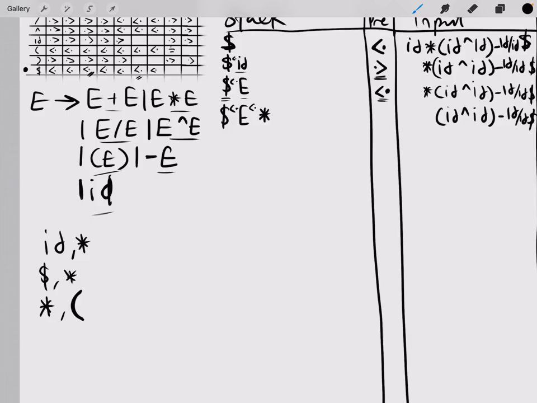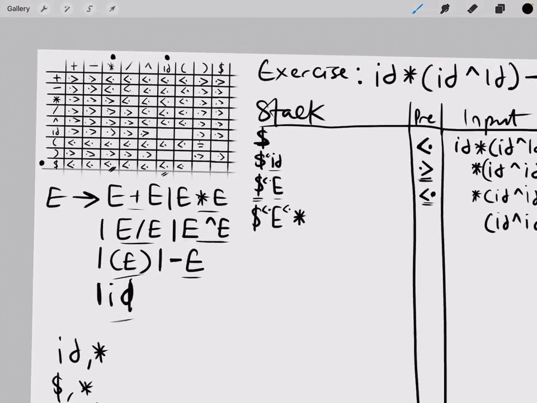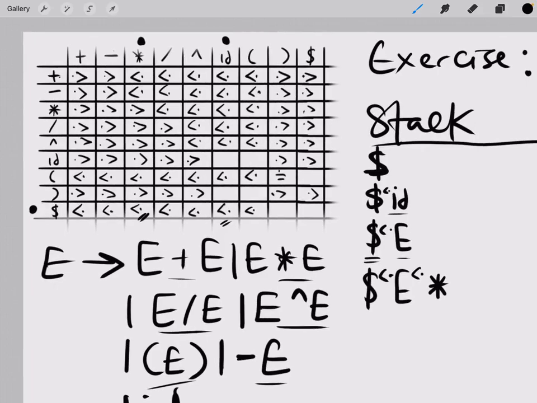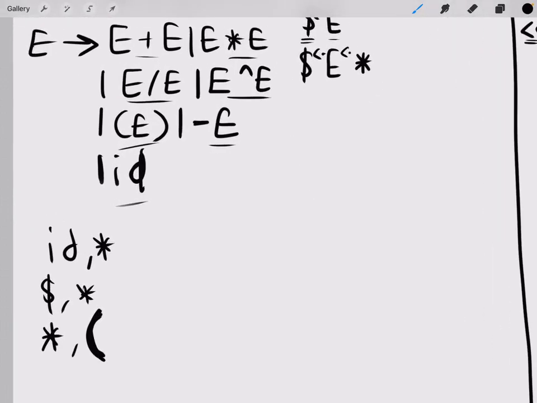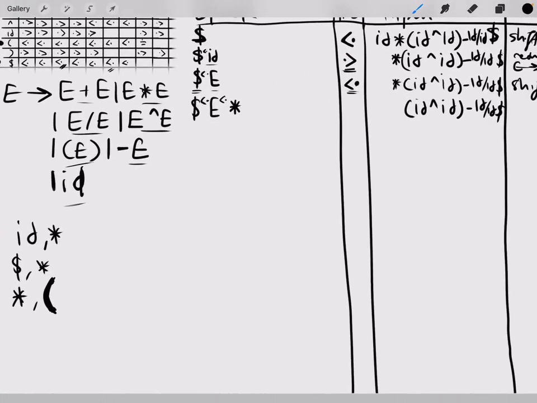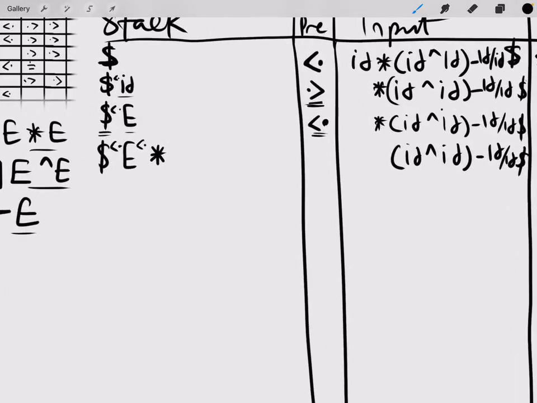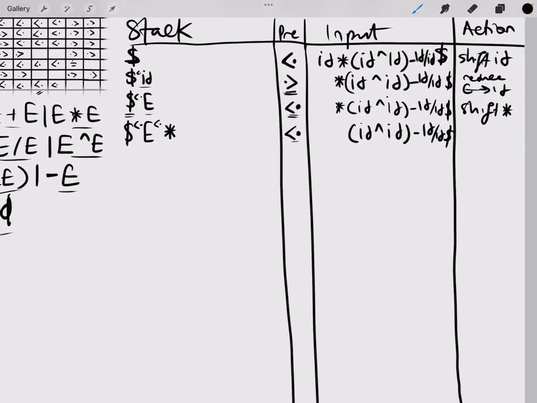We know that for open bracket, regardless of the arrangement, it should always yield precedence. As we can see here, this is the opening of the bracket and this is the star. Where do they meet? Yields precedence every time. So whenever you're having a relationship with the open bracket, it always yields precedence. So because of this symbol, we can shift again.